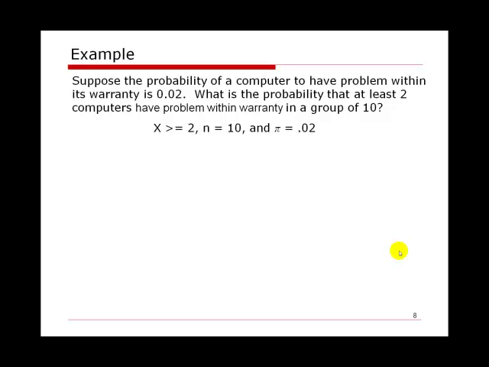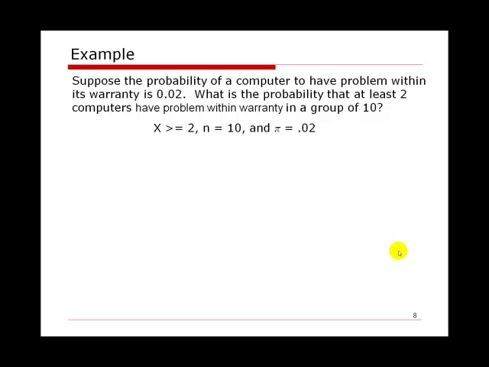Second is we're looking at a group of 10, or the sample size, or the number of observations is 10. So we have n equals 10. But what is different from the previous example is this time I'm not looking at the probability that exactly 2 computers will have problem within warranty in a group of 10.